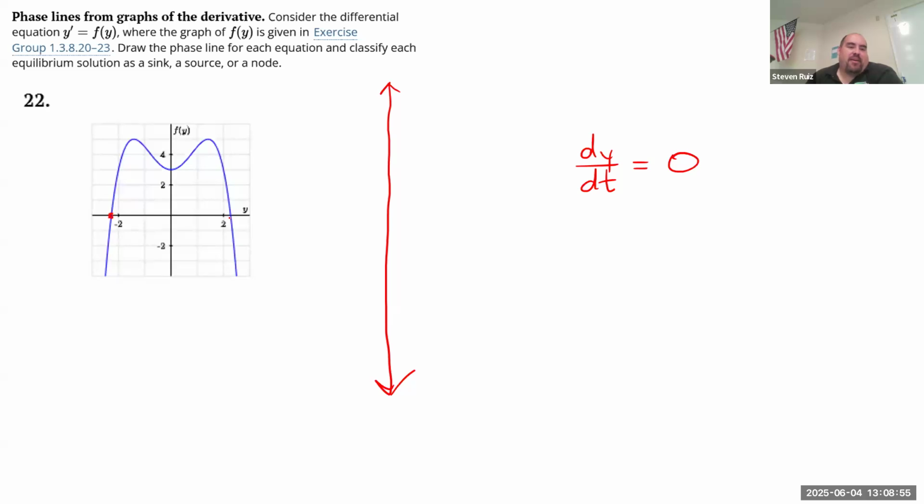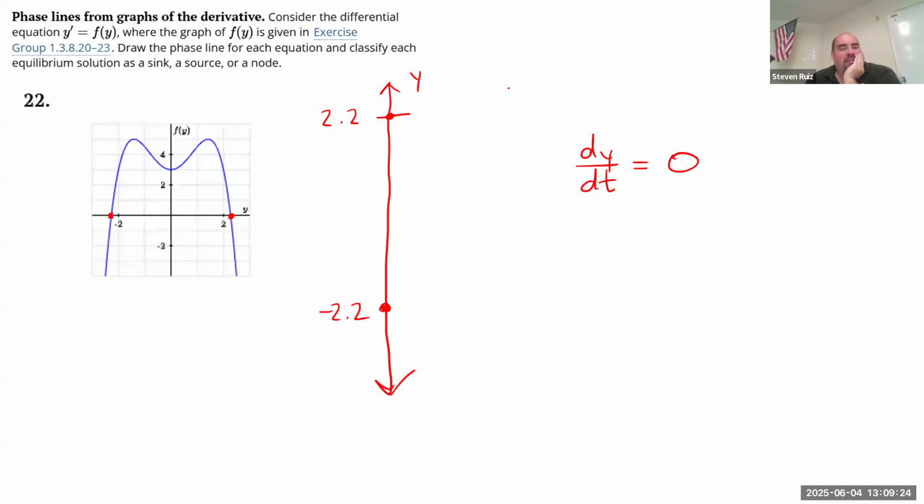That happens at these two values, let's say positive and negative 2.2. So this is y, negative 2.2, positive 2.2, and I have equilibrium at those points. Good, so I've identified equilibrium.